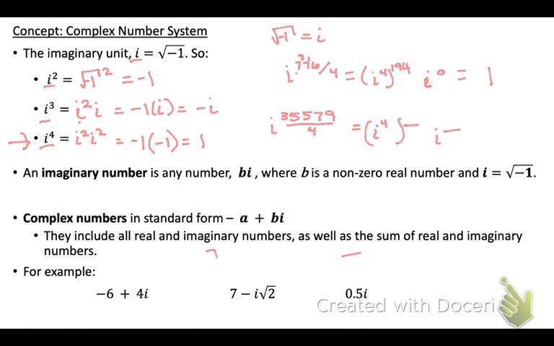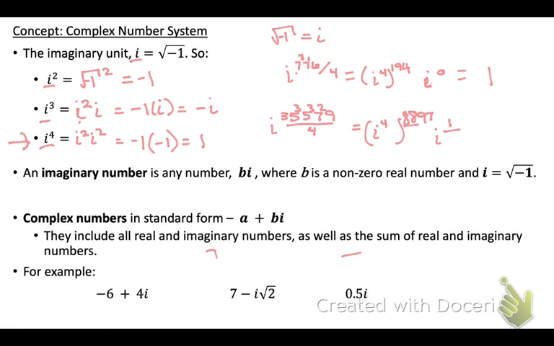Well, I know there's at least going to be 1, right? Because it's odd. Okay, so 4 goes into 35 how many times? 8, with 3 left over. 4 goes into 37? 9. And what's your remainder? 1.